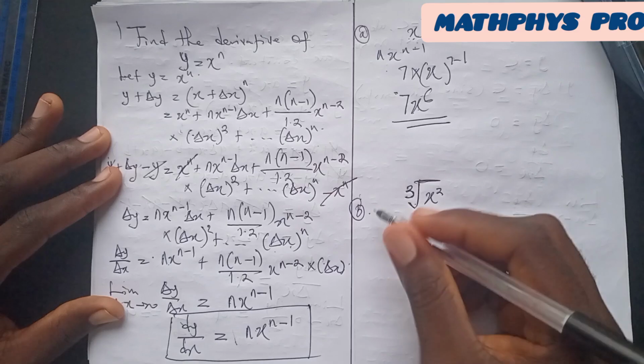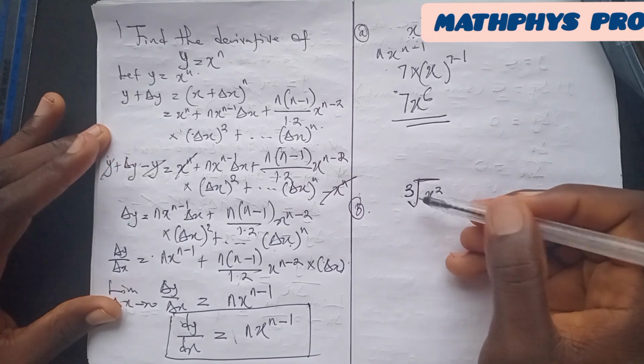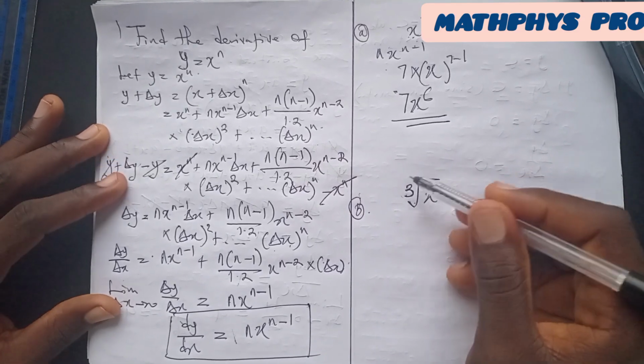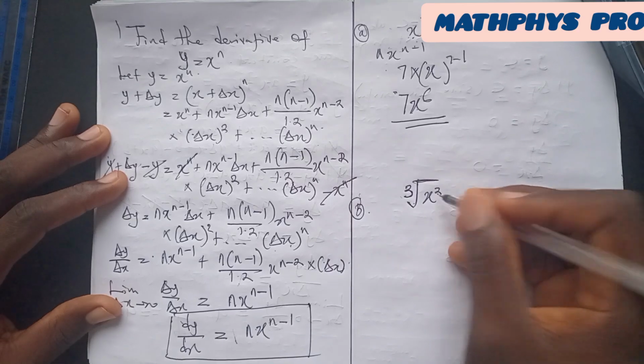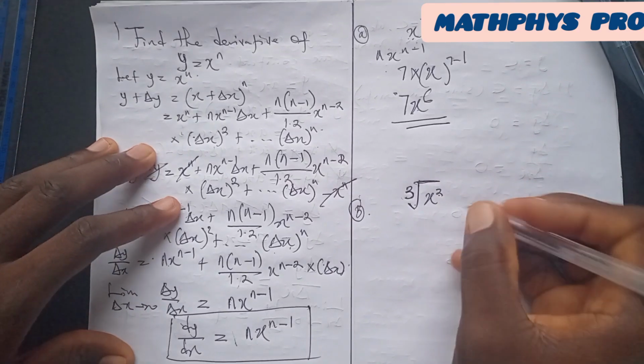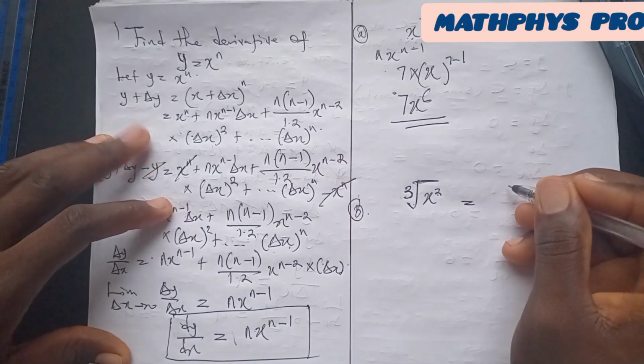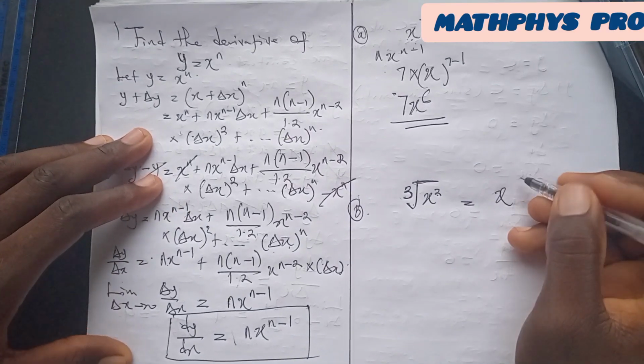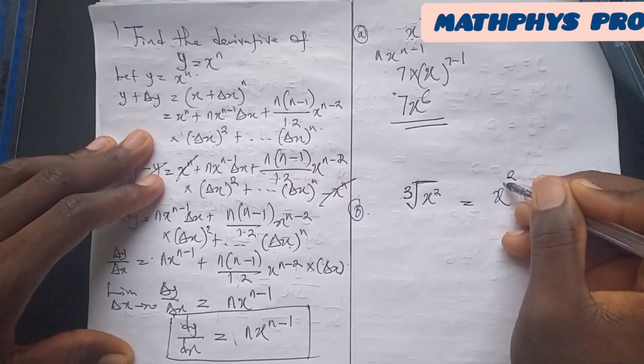Let's answer the next question: find the derivative of the cube root of x squared. This can also be written as x raised to the power 2 over 3.